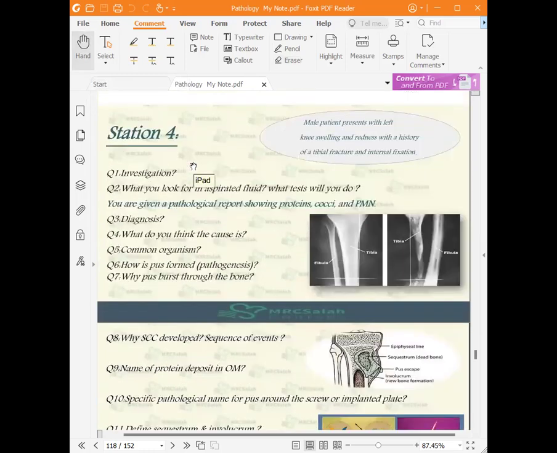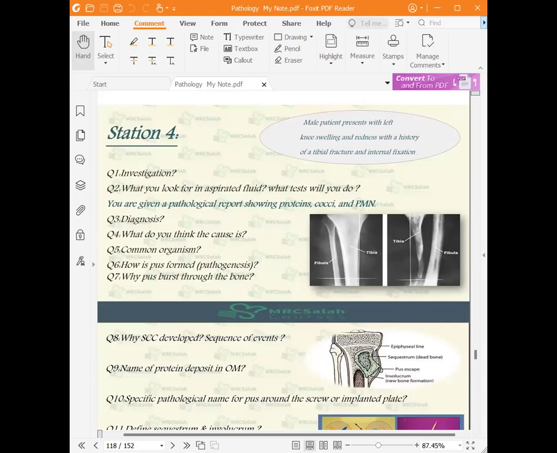A male patient presented with left knee swelling and redness, with a history of tibial fracture and internal fixation. What investigation will you do for him? As the patient came with knee swelling, first I will do aspiration of the knee fluid. Okay.